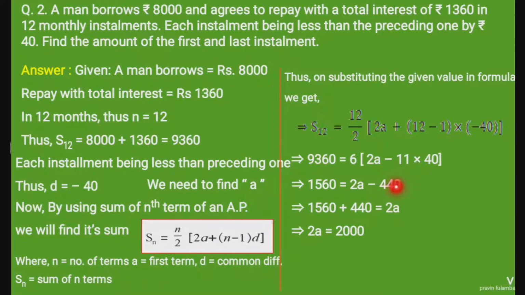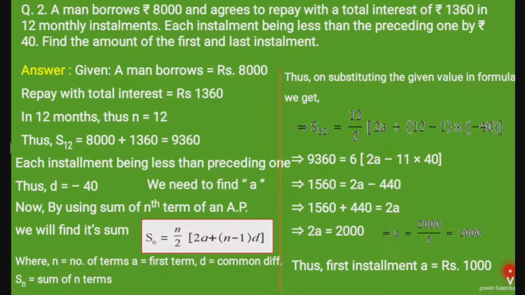Now transfer this minus 440 to the left hand side. So after adding this we get 2,000. So twice A equals 2,000, that means A equals 1,000. Thus the first installment A equals rupees 1,000.